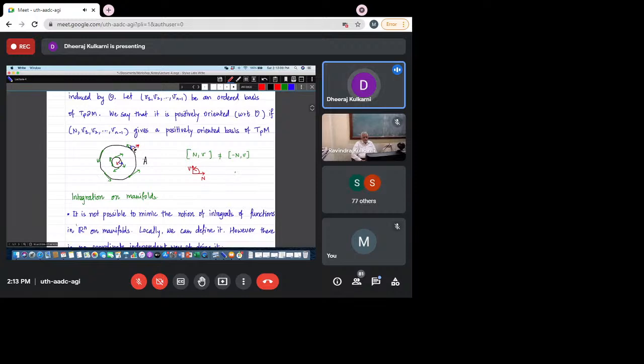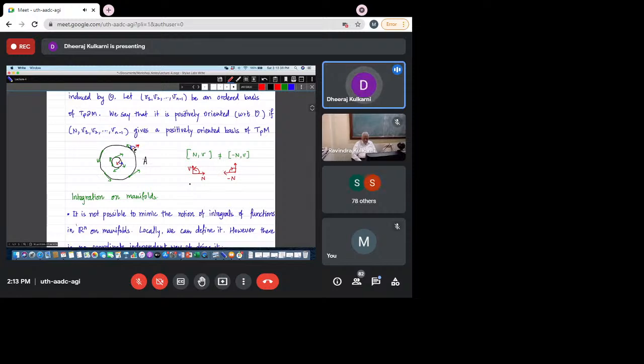Now you take n pointing in the opposite direction, that is minus n. So this is minus n and this is v, and then you see that you have to go in the clockwise direction. So orientation reverses if you put a minus sign in front of precisely one vector in that ordered tuple.